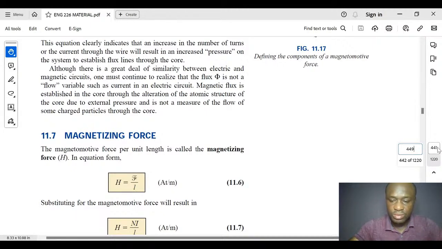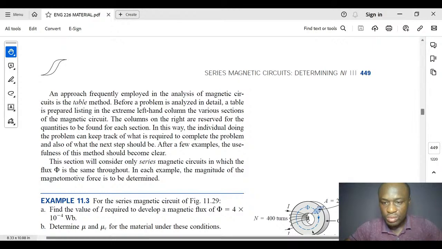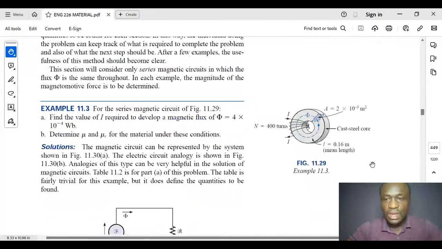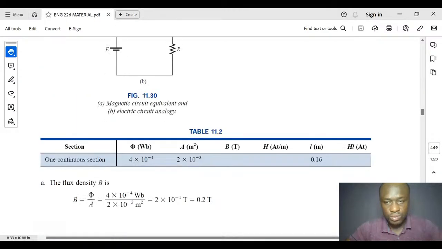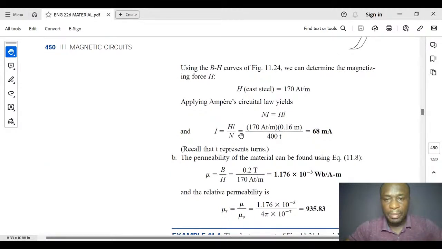So let's go back. We have our length to be 0.16 meter and number of turns to be 400 turns. So applying it to this circuit, we have that 170, which is the magnetizing force for cast steel, times the length over 400 turns, will give us 68 milliampere. 68 milliampere.